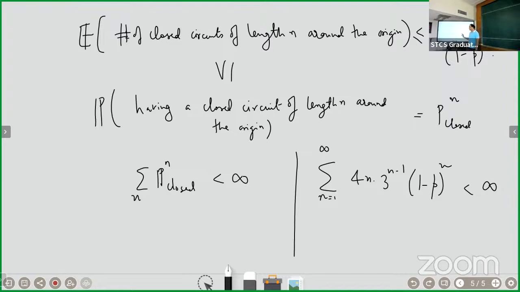What should I do? I really want this probability to be smaller than some number which is smaller than 1. That I won't get from here. But what will I get from here?